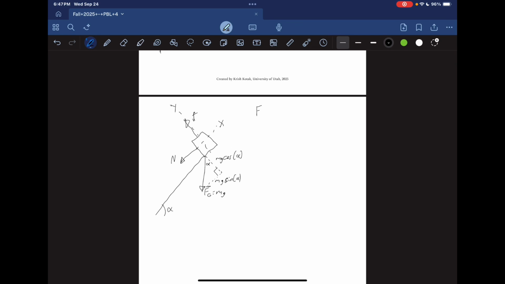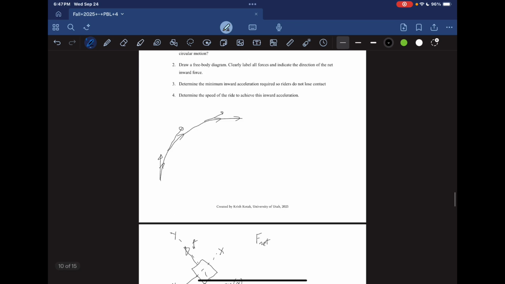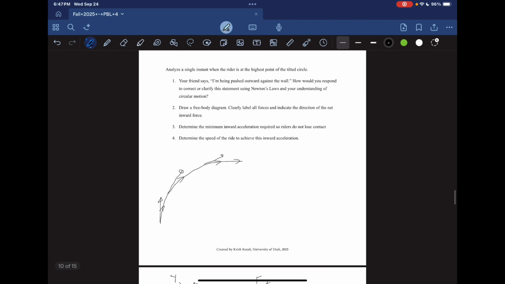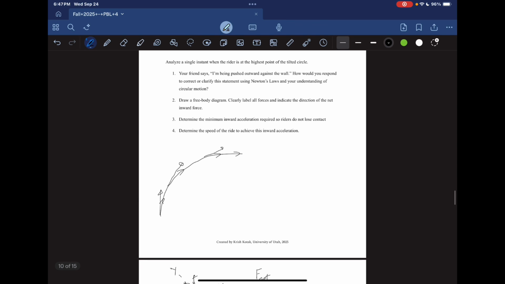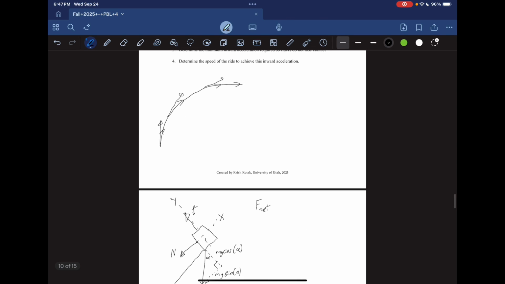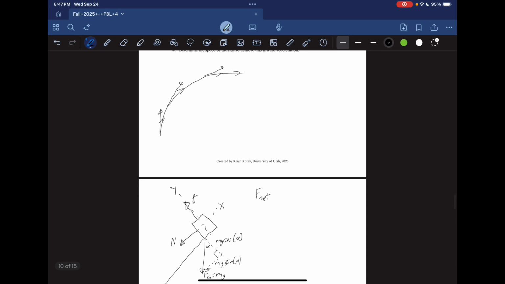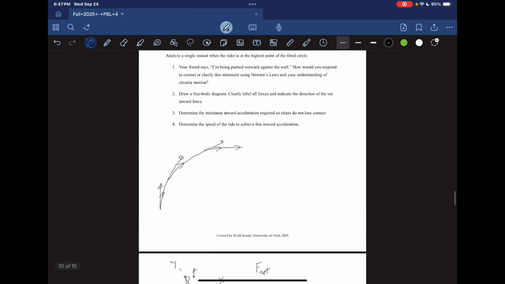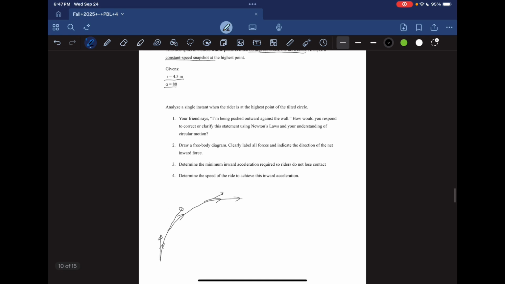Moving on to the next question, because we've done our free body diagram now: indicate the direction of the net inward force. That is the normal force there. Determine the minimum inward acceleration required so that riders do not lose contact.